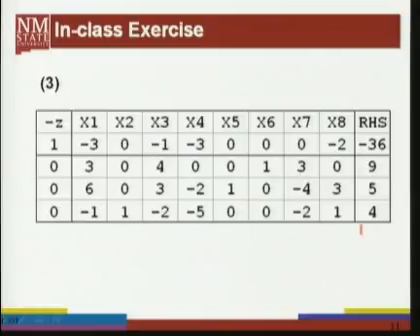If you look at the right-hand side values, there are no negative values, of course, except the objective function row, right? So definitely, this is not the infeasible case. And because we know that this is an optimal table, next you need to decide if it is a unique optimal or a multiple optimal, okay?